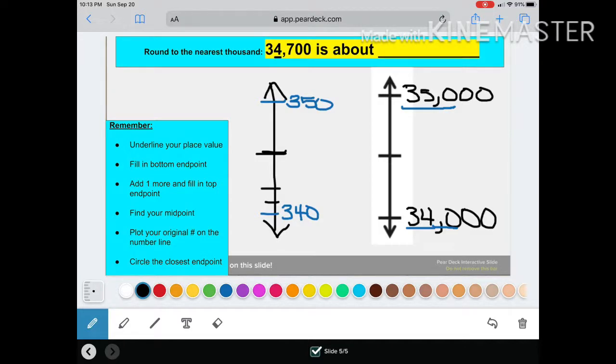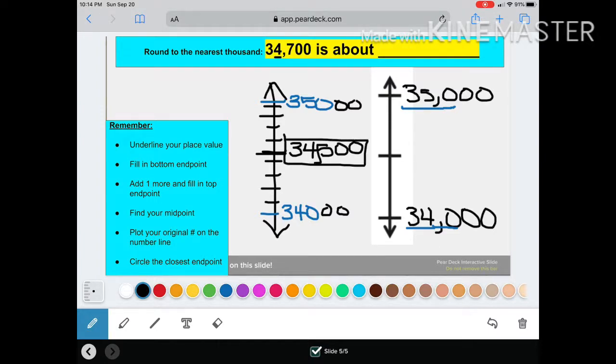341, 342, 343, 344, 345, 346, 347, 348, 349. And I took away 2 zeros, or I did not include 2 zeros, so I have to bring those 2 zeros back in, even on my midpoint.